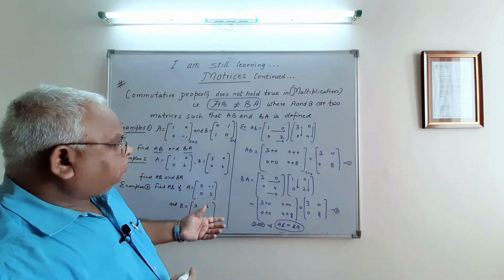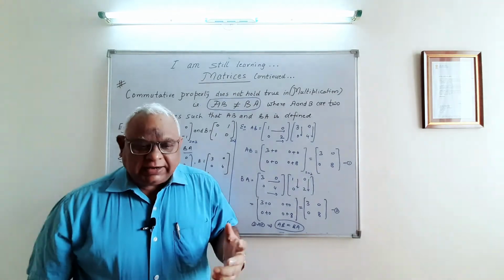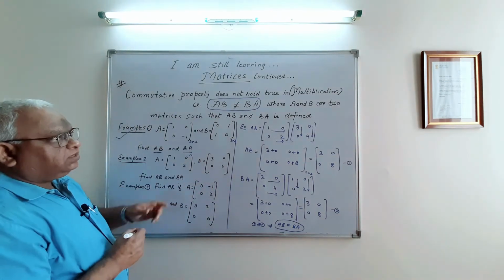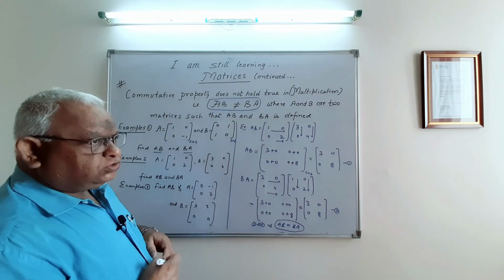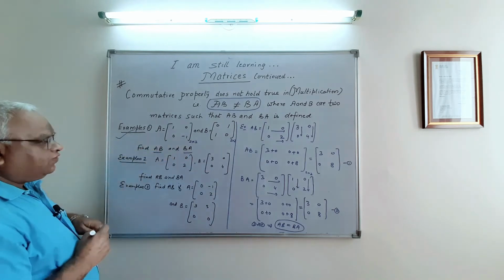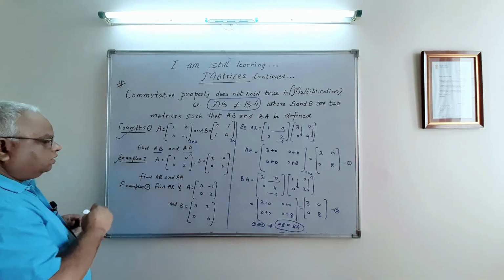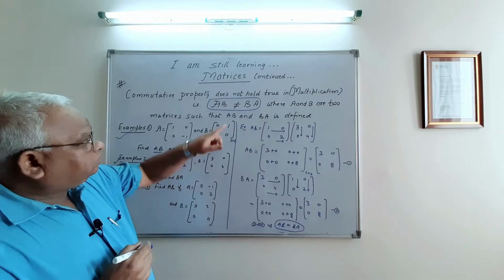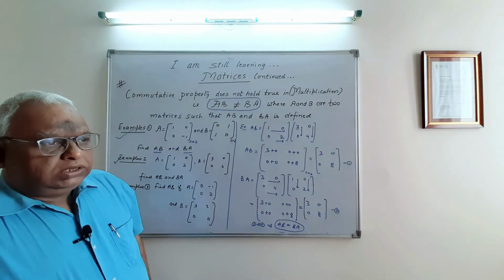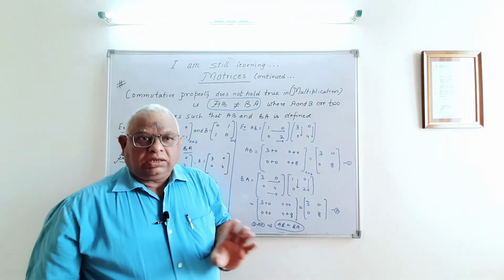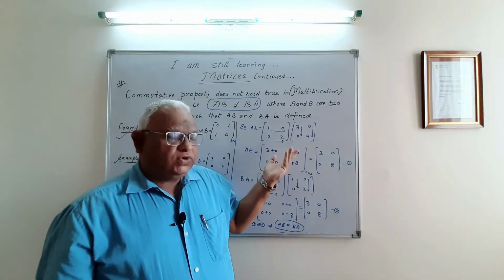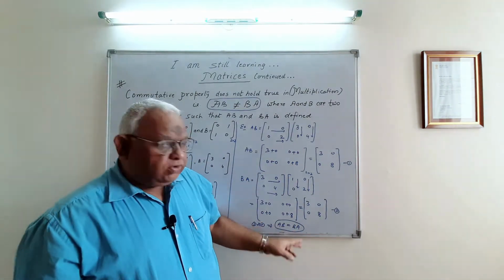Now your anxiety starts. As I said, in this property, the commutative property does not hold true. It does not happen in the case of the first example, but in the second example it is true. So what does it mean? Here you might have confusion: AB is not equal to BA in one, AB is equal to BA in the other.